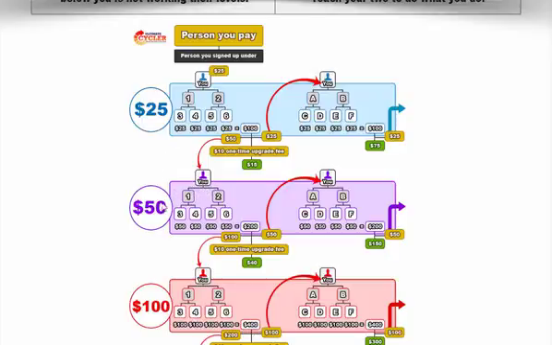Because this is now a $50 Business Center, you get 50 points when you join it, and every time you cycle, you get 50 points for products, and the same exact thing happens. You're going to make $50, $50, $50, $50, or $200. Once you cycle, you go back into it, you take $50 out of that, so you're netting $150 as shown right here, and on every single cycle, and that would keep on going to infinity.